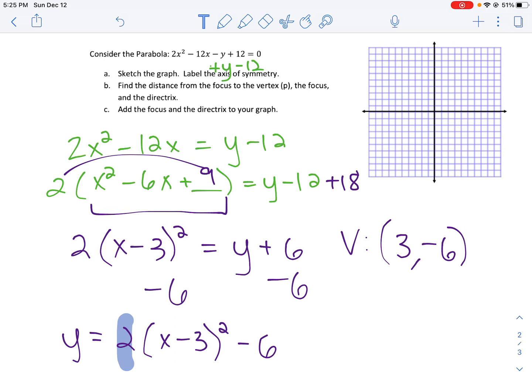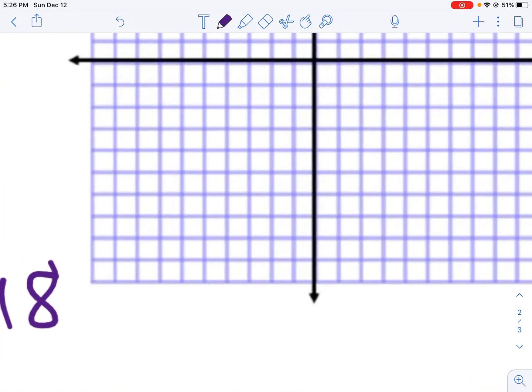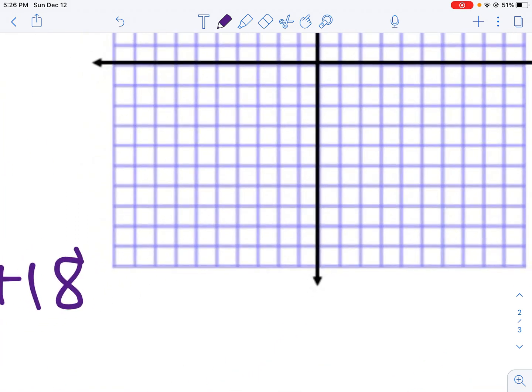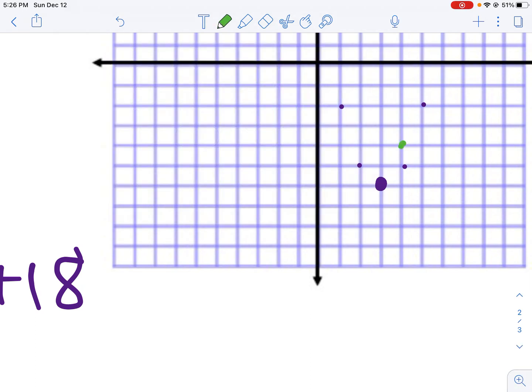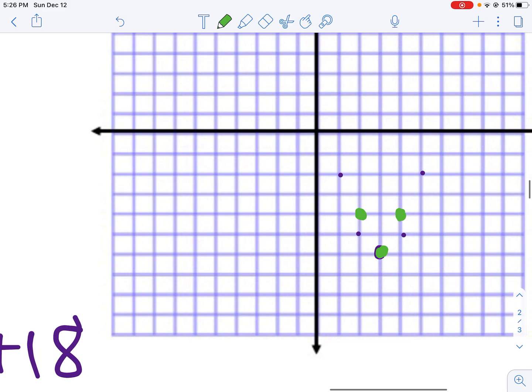So I'm going to need to dilate those heights by 2. So you can do a transformation table or kind of work here. So I'm going to go to 3, -6. And then the parent function would be these points here, right? But I need to make those 2 times taller. So I'm going to make that first one over to the left one and up 2, and over to the right one and up 2, and then I'm going to go up 8 to get my next set of points.